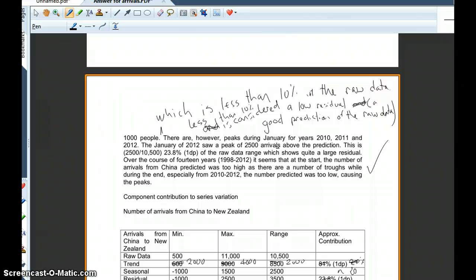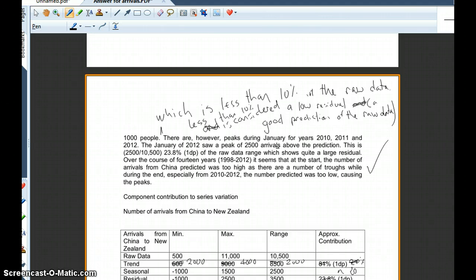There are, however, peaks in January for the years 2010, 2011 and 2012, and January of 2012 saw a peak of 2,500 arrivals above their prediction. This is 23.8% of the raw data range, which shows quite a large residual.